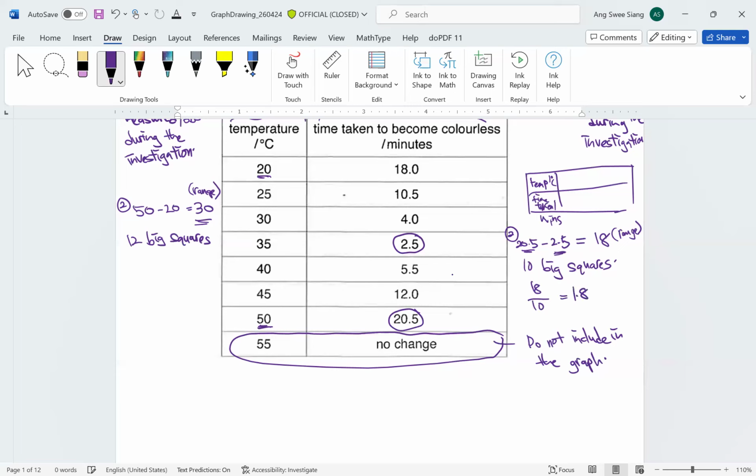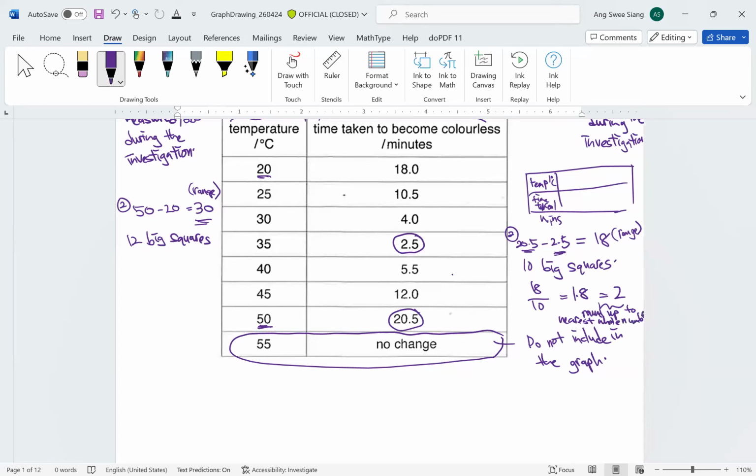So each big square must be 2. We round up to the nearest whole number. Then I know each of my intervals must be at least 2.